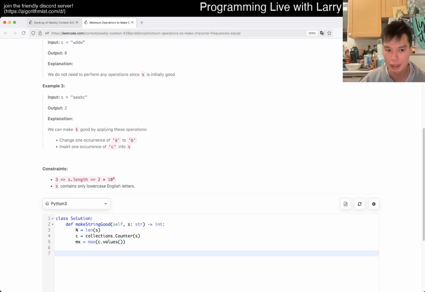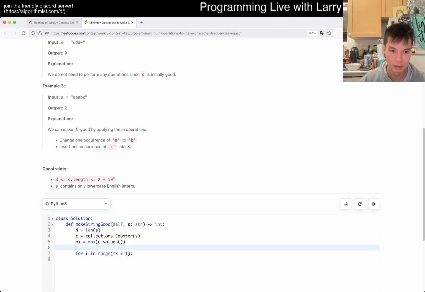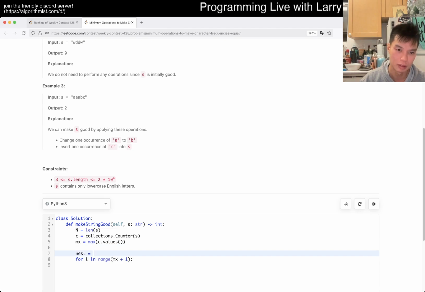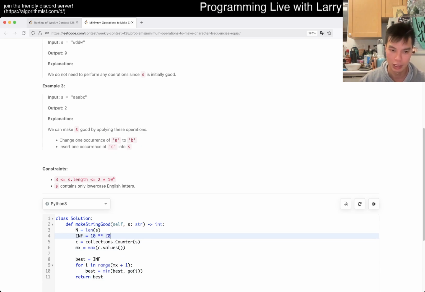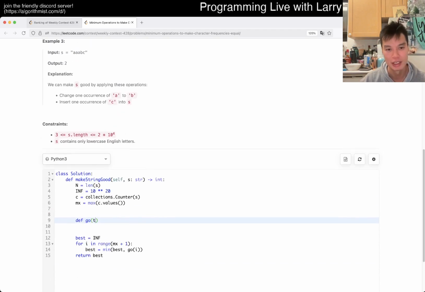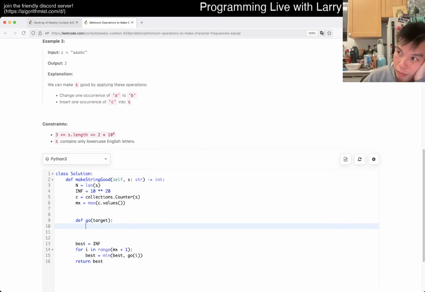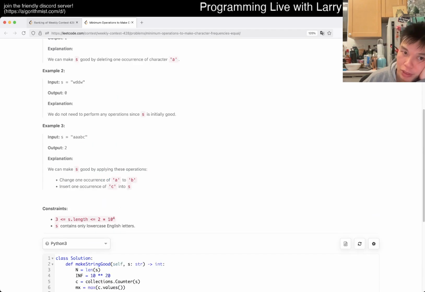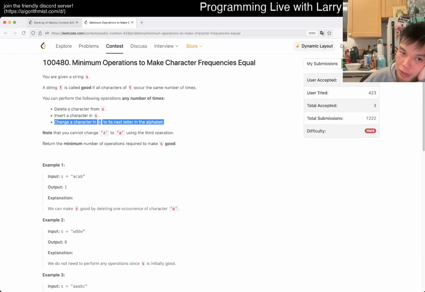So then now maybe we can do something like that. I don't know. Structurally, I don't know how this works. The go function is the magic question mark function, right? Especially with the change a character thing.